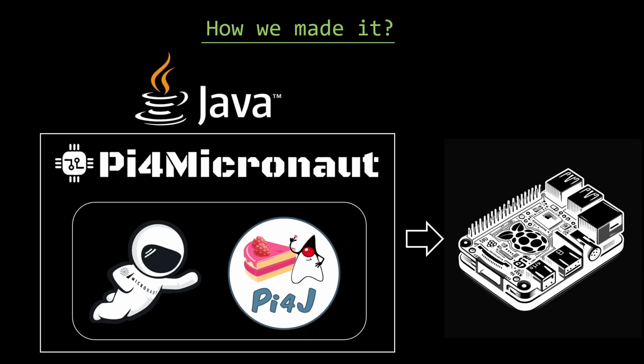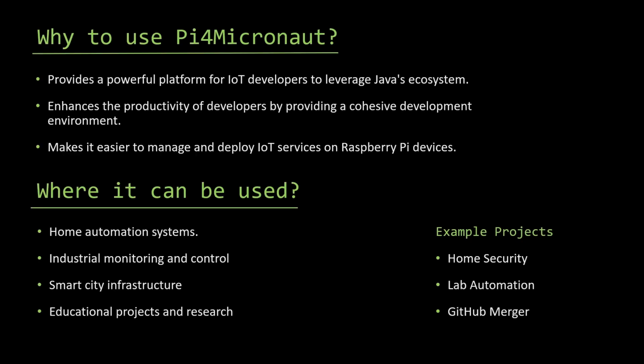Why use Pi4Micronaut? Pi4Micronaut provides a powerful platform for IoT developers to leverage Java's ecosystem. It enhances the productivity of developers, where they can focus on their own application logic rather than focusing on implementing functionalities of the hardware components.